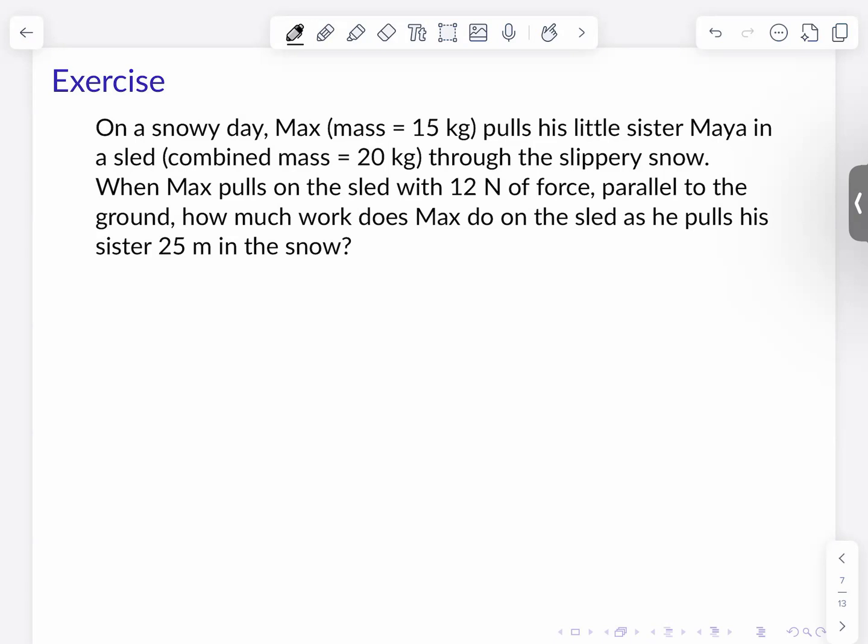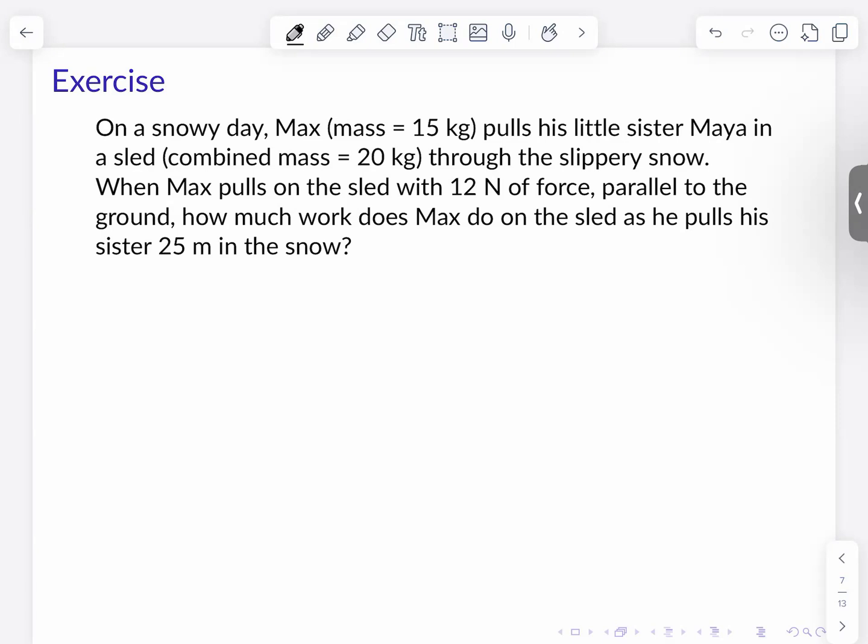Which direction is he pulling her? Point, make up a direction. Which direction is she moving because of that pull? What's the angle between those two directions? Okay, the angle between rightward and upward is 90. The angle between rightward and rightward is 0.